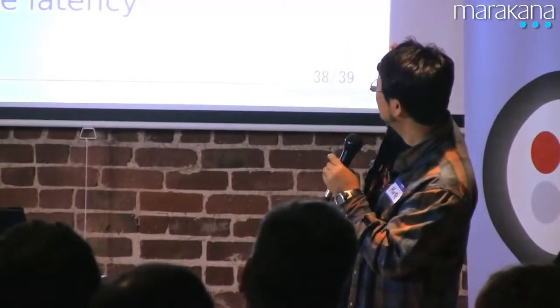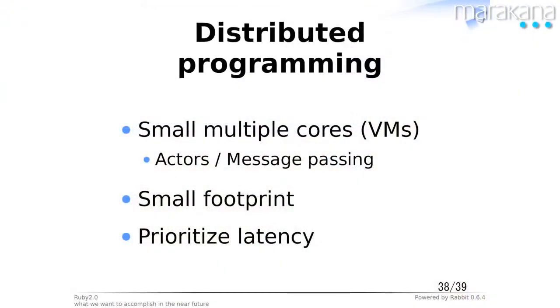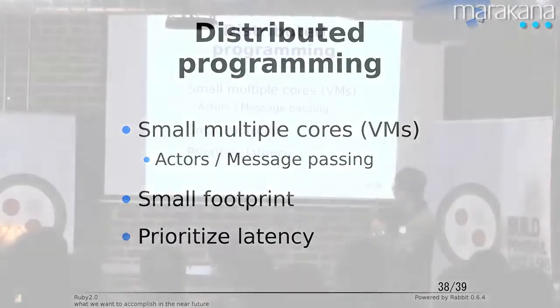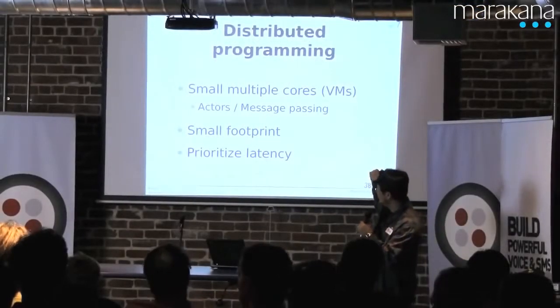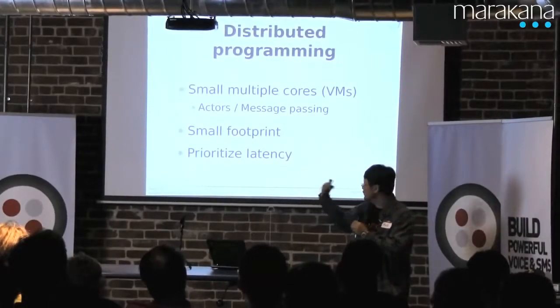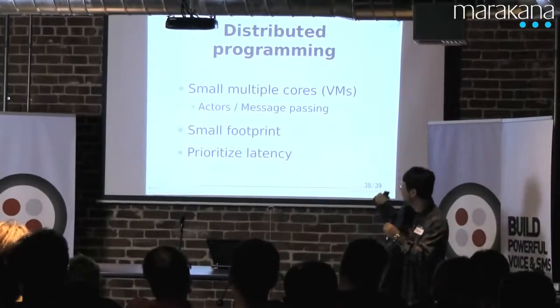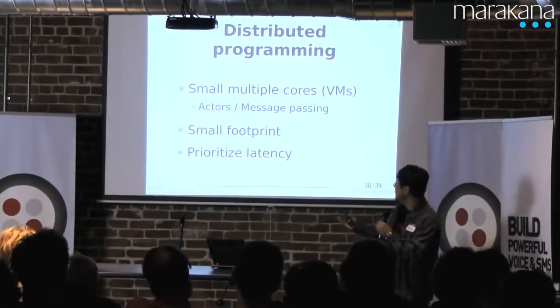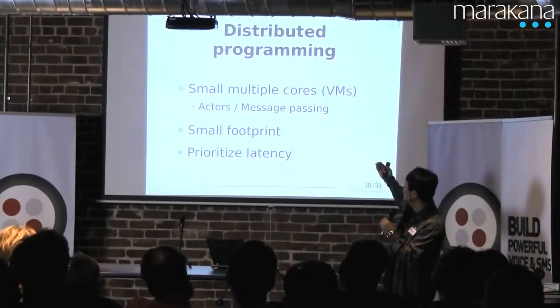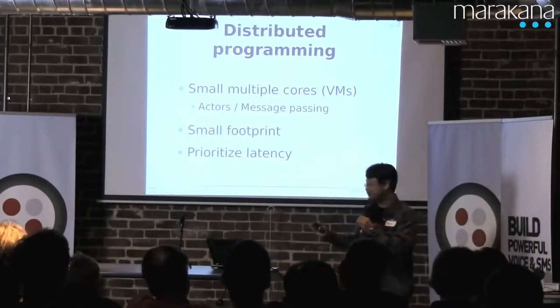It assigns small virtual machines to multiple cores, and they communicate with message passing, like actors. The implementation with a small footprint and latency priority is better suited for this kind of environment.